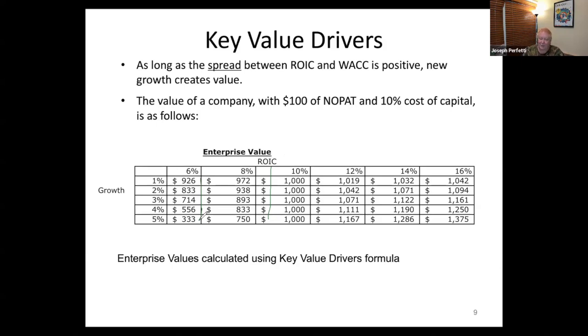Same thing when you go to the right of 10% and you have a positive spread, ROIC against WACC: the faster you grow, the more valuable you become. That's just the math played out with the key value driver equation. Is it clear where these numbers are coming from? All right, let's go to the next slide.